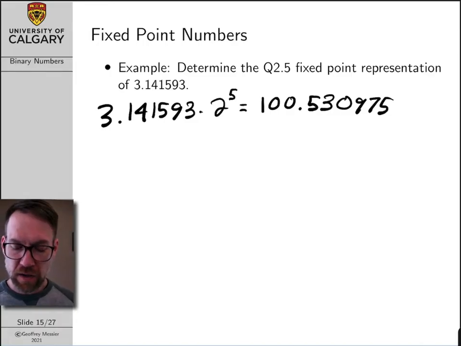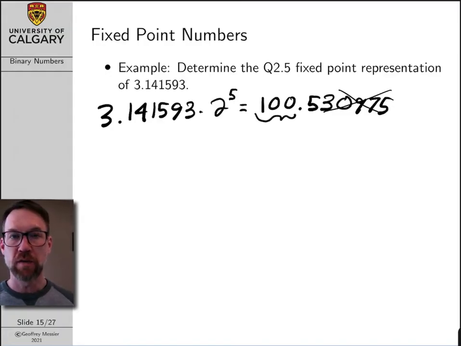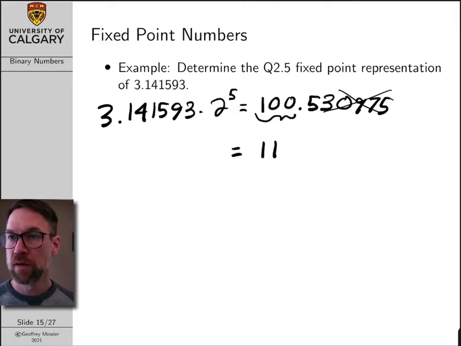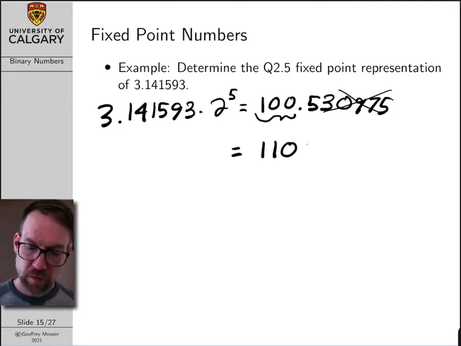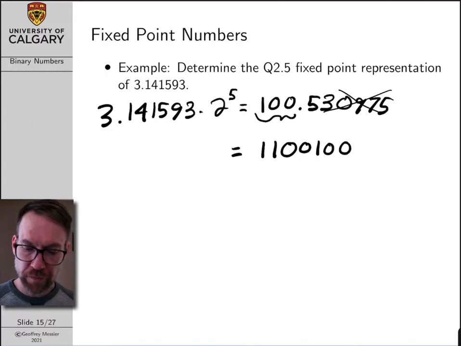So when converting into our fixed point number, we just get rid of the fractional part and represent only the integer portion of our number in binary. So if we take the number 100 and represent it as binary, that's 11001000.